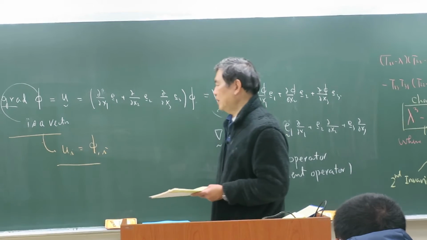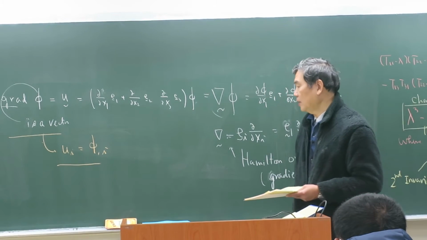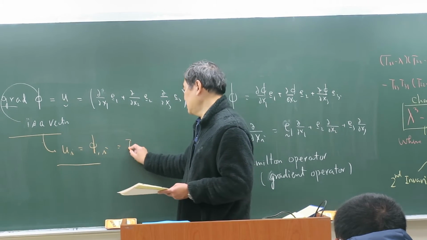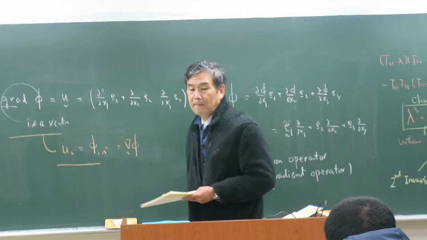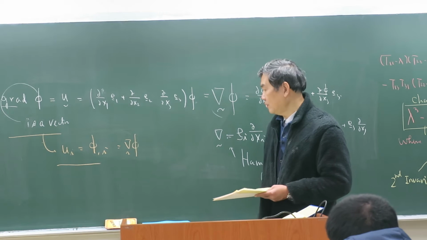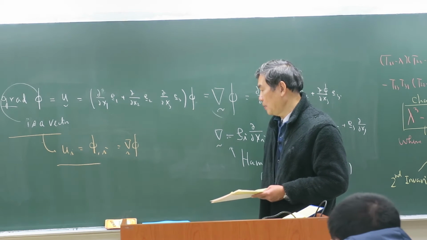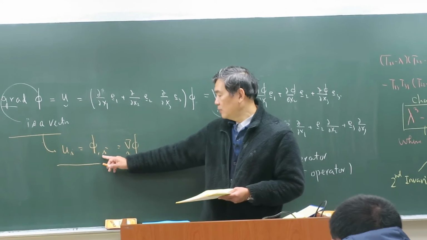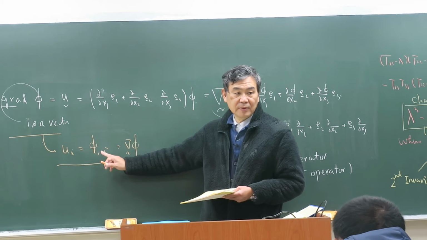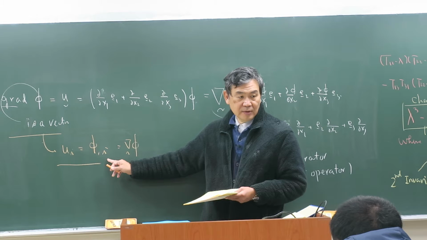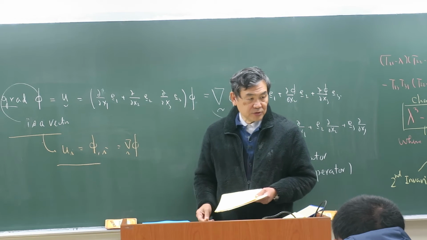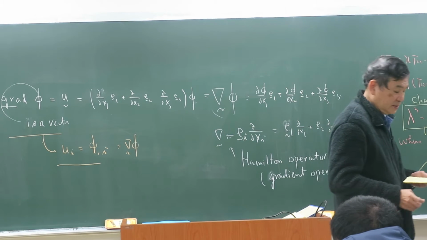Okay, we write it this way. So it's equal to gradient phi, because this is a free vector, right? The comma is differentiation with respect to xi, in the i direction. It's a vector.